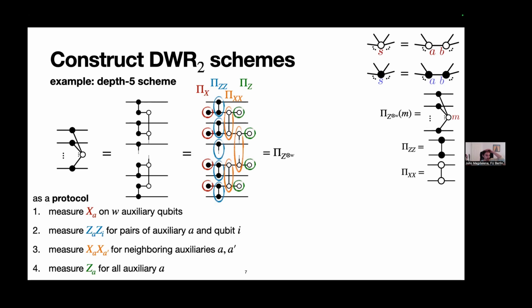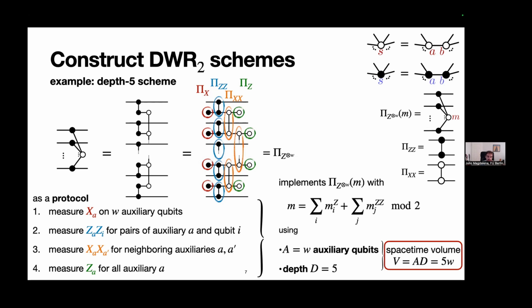As a protocol, we would measure X on all the auxiliary qubits, measure these pairs of ZZs, whereby you pair up the auxiliary qubits one to one, then you measure XX between the auxiliary qubits, and then you measure them out in the Z basis.